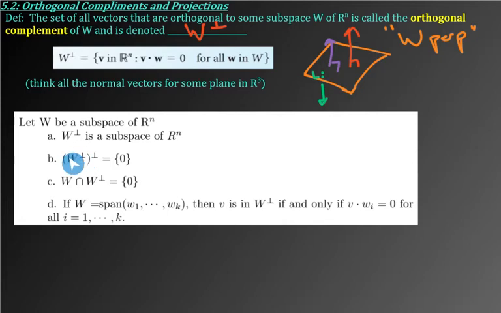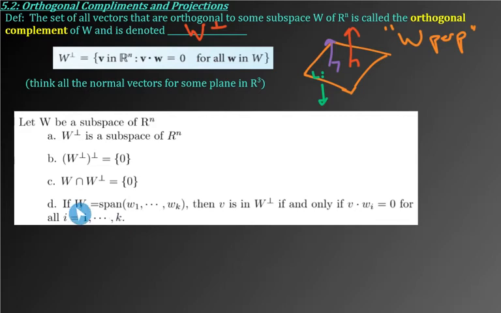And that makes sense because if you look at what's perpendicular to these normal vectors, right? You're kind of going back into the plane. The only thing that would satisfy this definition is the 0 vector, right? And then if you intersect W and W perp, you should only have the 0 vector. It's the only thing that's in both. And this one's almost practically the definition.